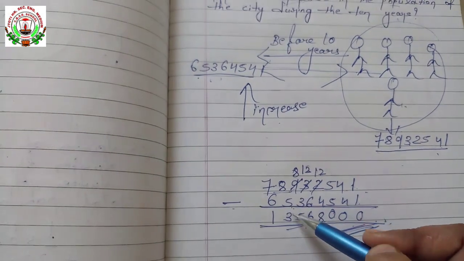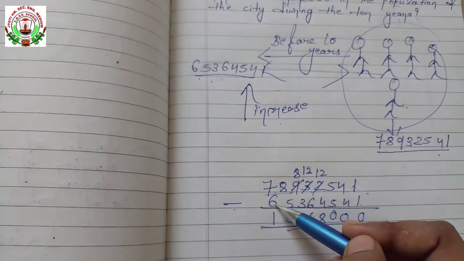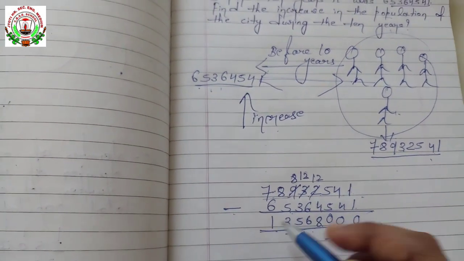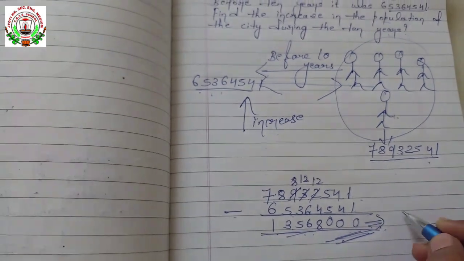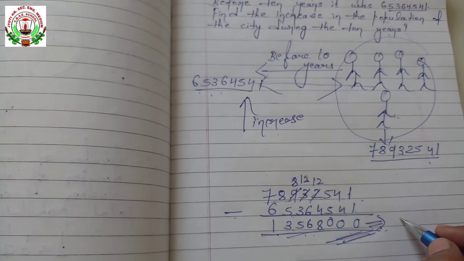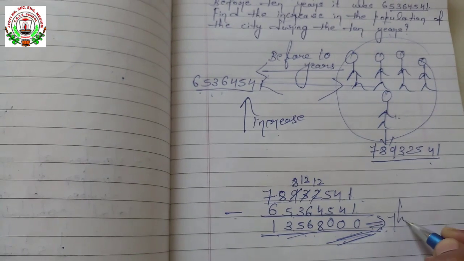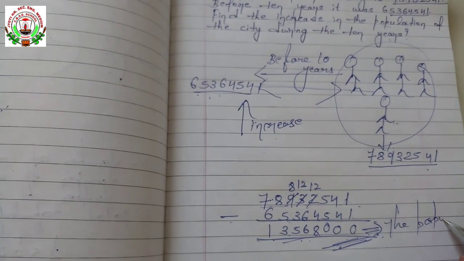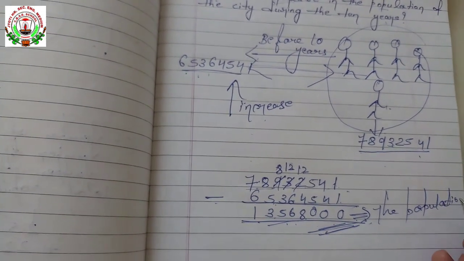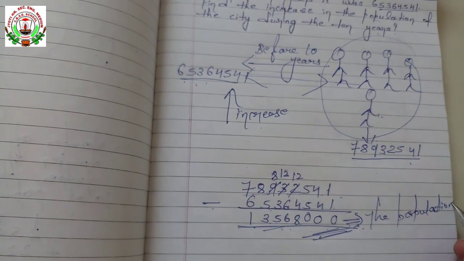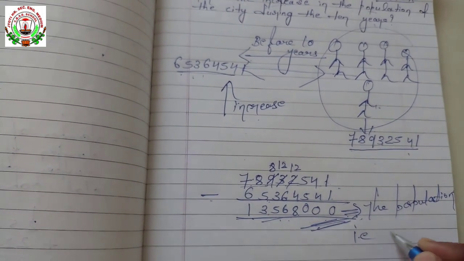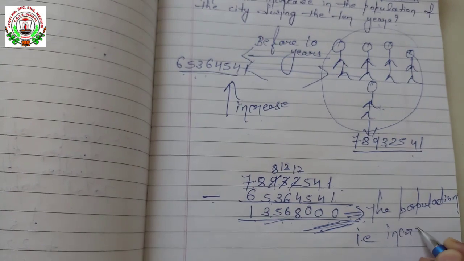So 8 minus 5 is 3 and 7 minus 6 is 1. So this is the population that is increased.